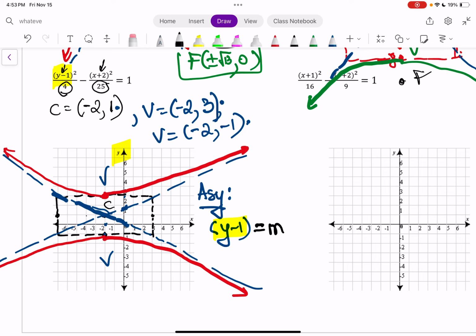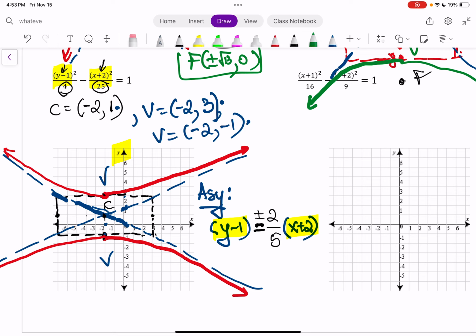So again, that already takes care of the shift and the b. So instead of x, I'm going to write x plus 2. So copy, instead of x and y, copy these exact parentheses. And for the m, you're just going to read again what the slope of this box is. So from the center, we went 2 units up and 5 units to the right, or 2 units down and 5 units to the right. So that's it. Again, no formulas needed. You could just read the slopes off the graph.